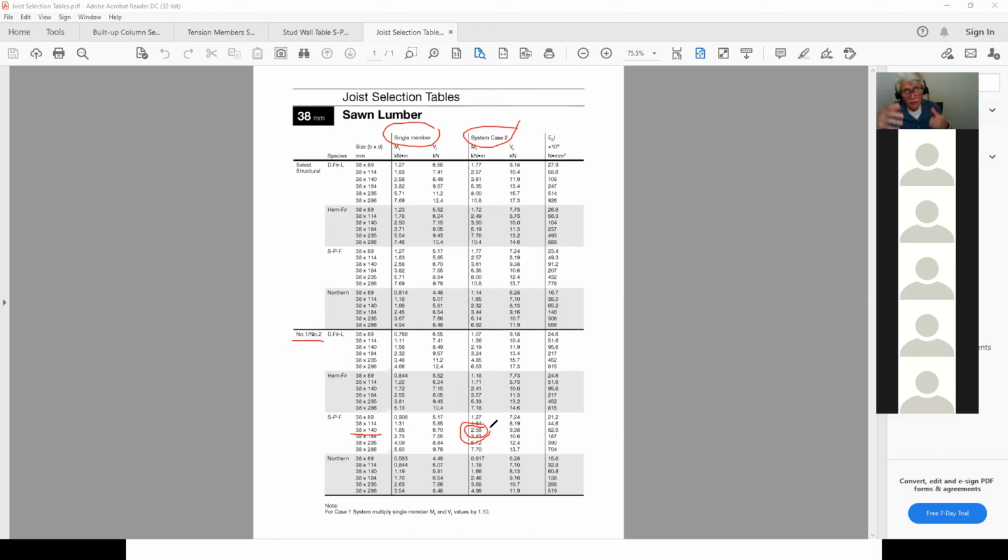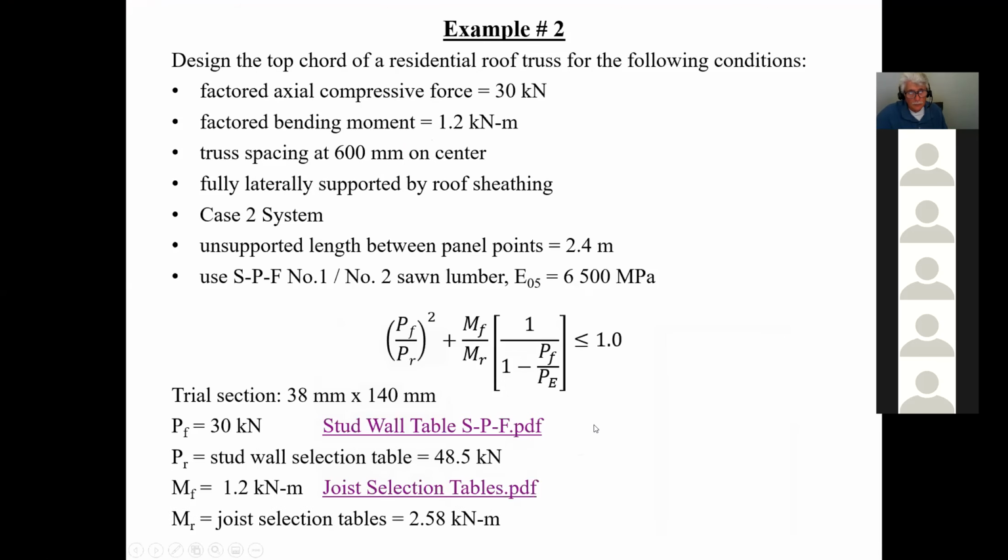Where it's being placed and how it's being forced into bending, that doesn't change. The MR stays the same. So here I have my MR value of 2.58, and that's where I get my MR value. So from the joist table, I get the MR value of 2.58.